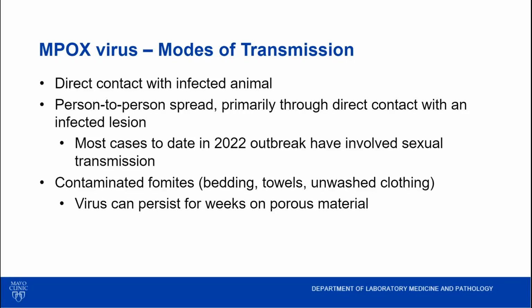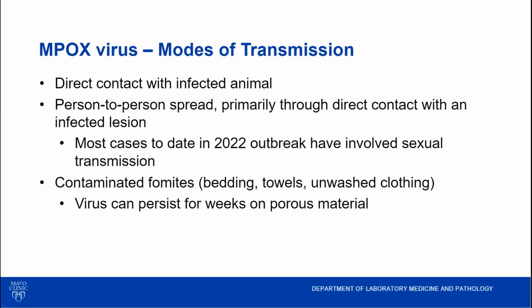What we're seeing now in this particular outbreak is large levels of person-to-person spread, primarily through direct contact with an infected lesion. And most, not all, but most cases in the current outbreak have resulted from sexual transmission.